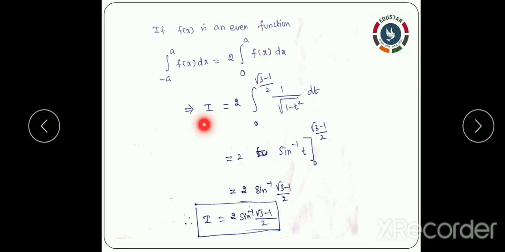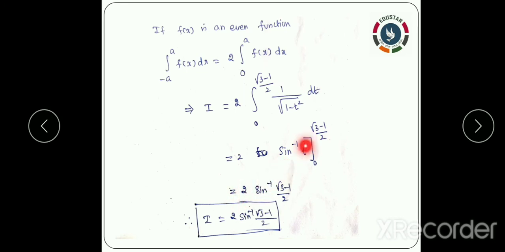Then I equals 2 times the integral from 0 to (root 3 minus 1)/2 of 1 by square root of 1 minus t squared into dt. Then we get 2 into the integration of 1 by square root of 1 minus t squared dt, which is sin inverse of t from 0 to (root 3 minus 1)/2.